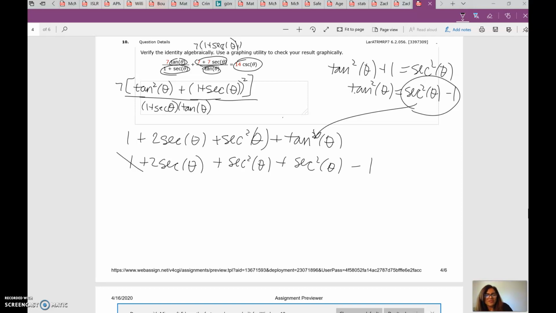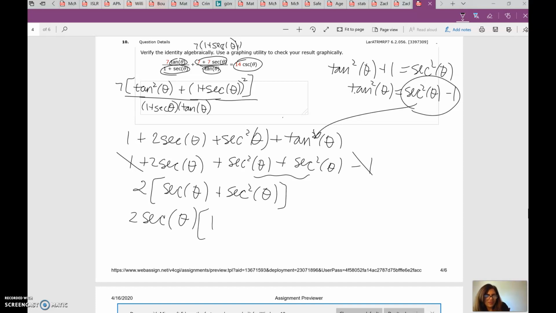And so these cancel, and it looks like we can combine these terms. So we're going to get, I'll factor out the 2, secant theta plus secant squared theta. Factoring further, it looks like we are going to get the 1 plus secant of theta.